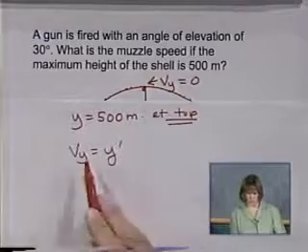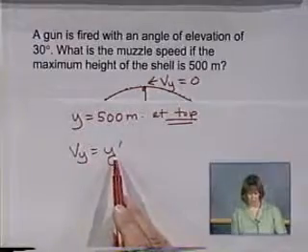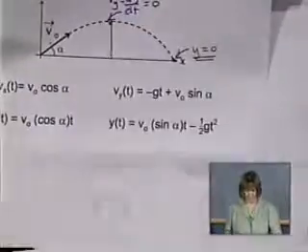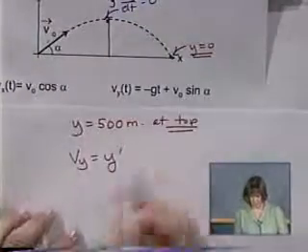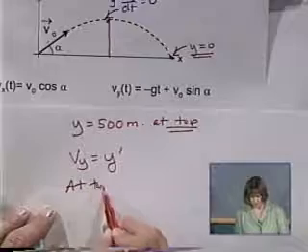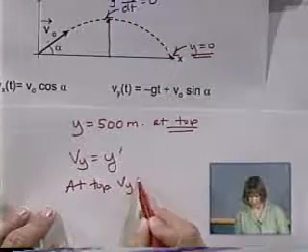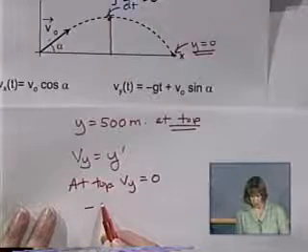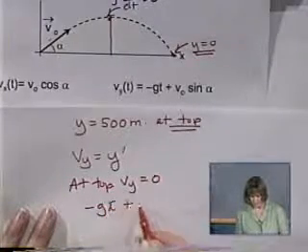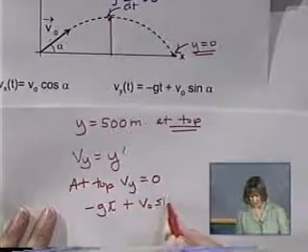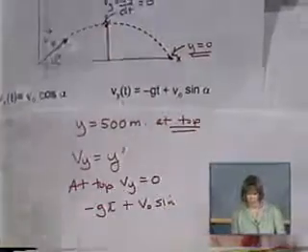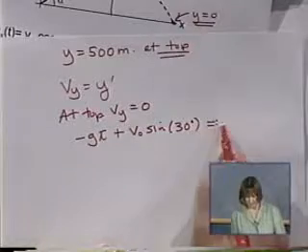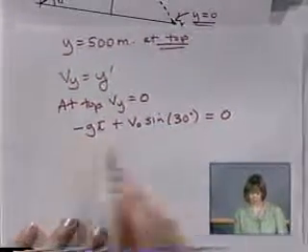So if the velocity in the y direction is 0, I'm going to look here and I'm saying, at the top, Vy is 0. So I have minus gt plus V naught sine, and my alpha was what? 30 degrees, was it? Sine of 30 degrees, and that equals 0 at the time that I'm at the top.